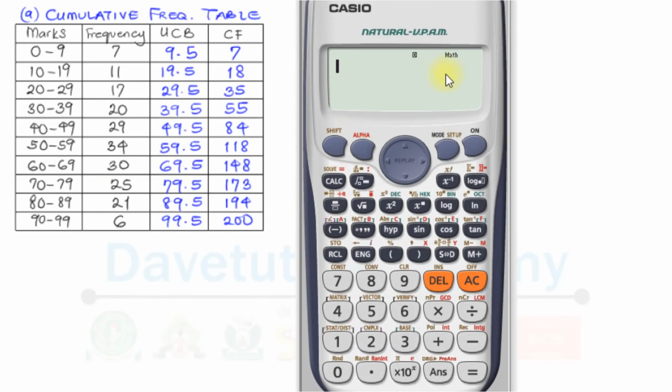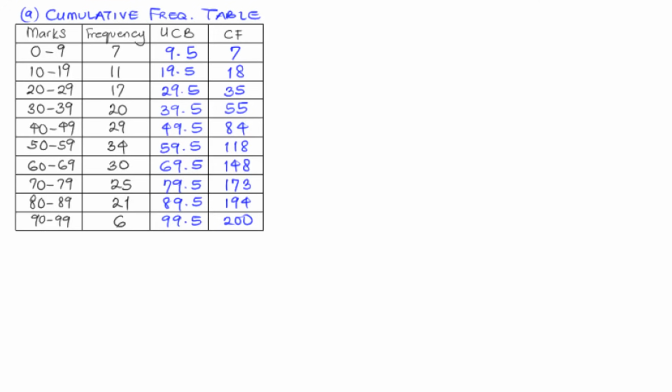So here we have 7 plus 11 plus 17 plus 20 plus 29 plus 34 plus 30 plus 25 plus 21 and plus 6. What's the sum of that? Good. That is 200. So we're on the right track.